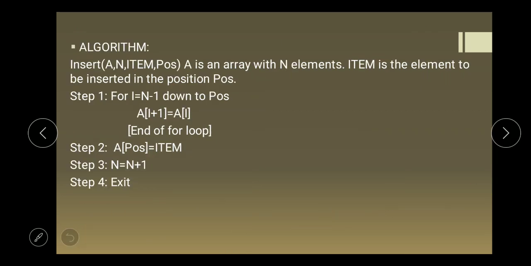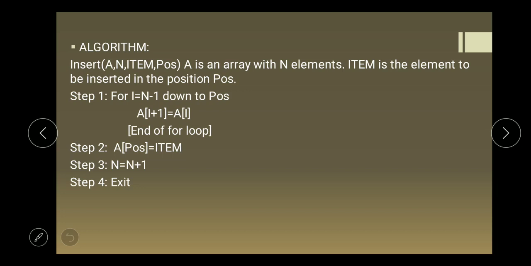So how to insert using an algorithm? Okay, here this is the algorithm for the insertion method. Insert A, n, item, position. Okay, A is an array with n elements.